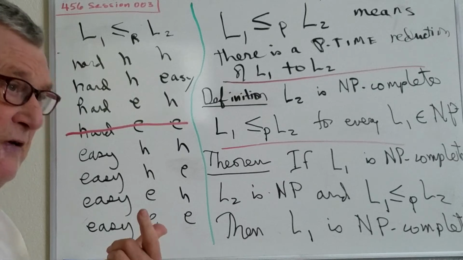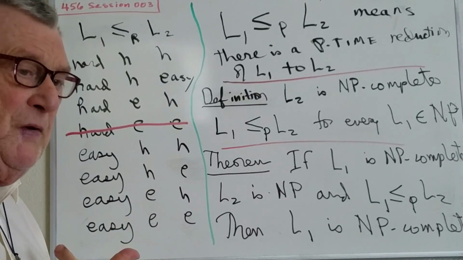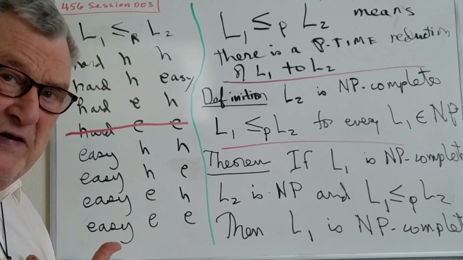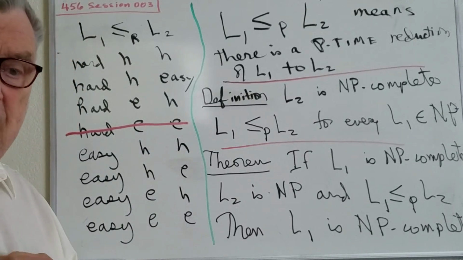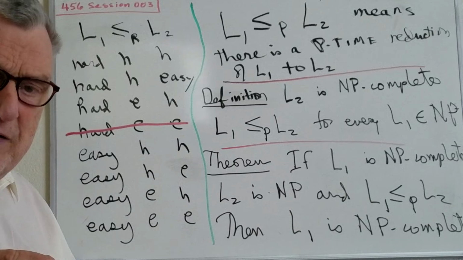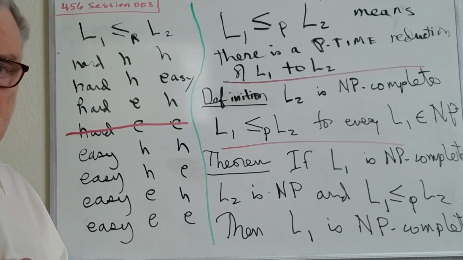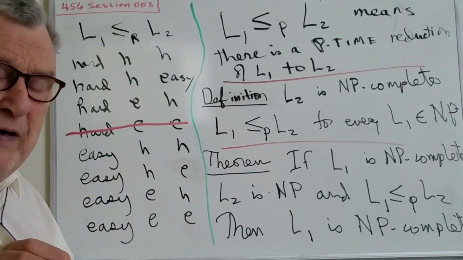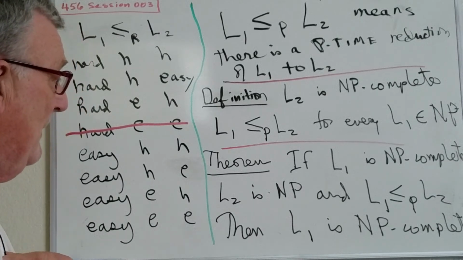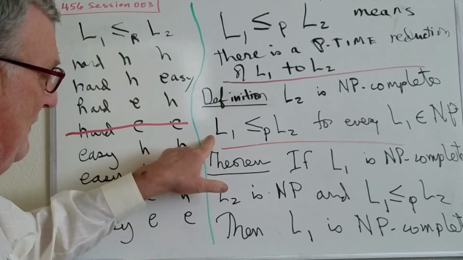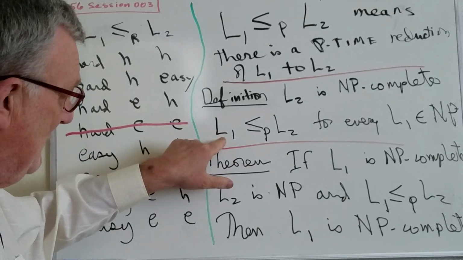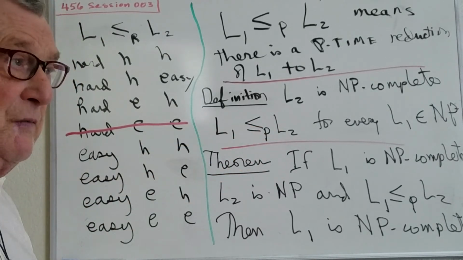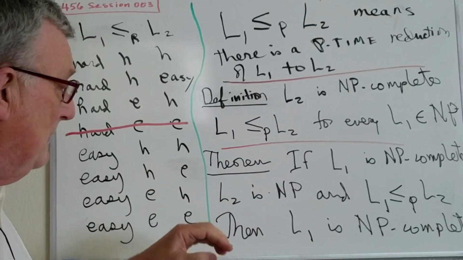The first definition was that it can be accepted by a non-deterministic machine in polynomial time. The second definition says that it can be verified in polynomial time deterministically if you have the right certificate for each string. And this one is then the third definition. There's a polynomial time reduction of every NP language to L2. Then L2 is NP complete.